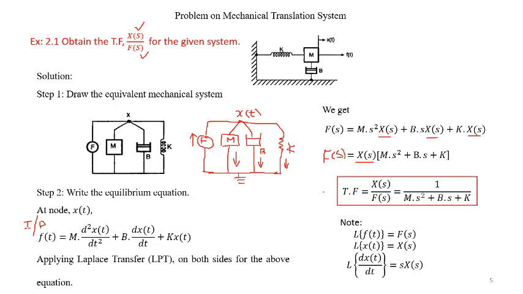When we write the overall transfer function as a ratio of output Laplace transform by input Laplace transform, that is X of s, output, by input, we get the equation as 1 divided by m s square plus b s plus k. This is called the force equation in the Laplace form.